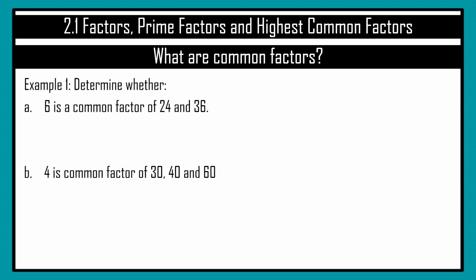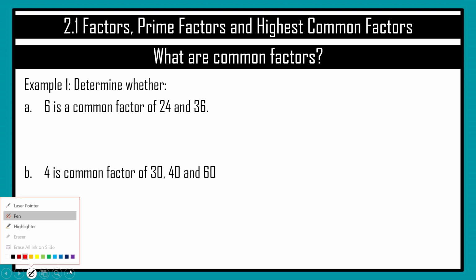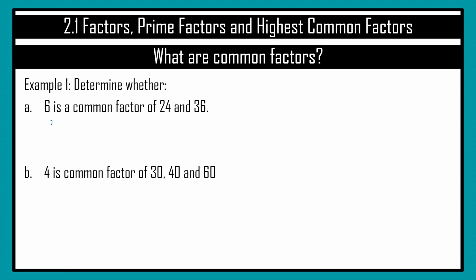Let's see example number 1. We're going to determine whether 6 is a common factor of 24 and 36. The first thing we need to do is list out the factors of 24.